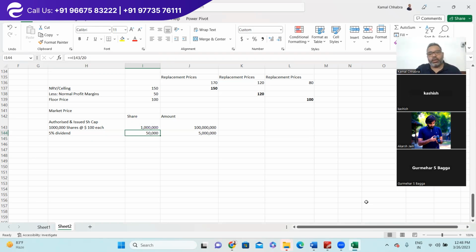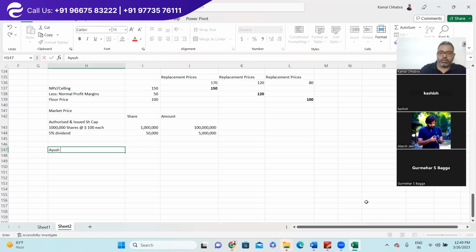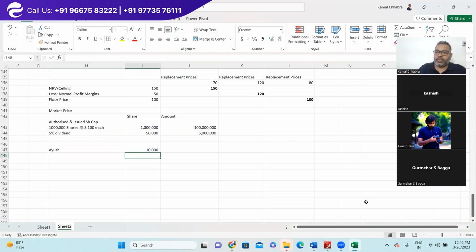Now let's assume Ayush has 10,000 shares of this company. Now Ayush will get how many new additional shares? 500 shares.